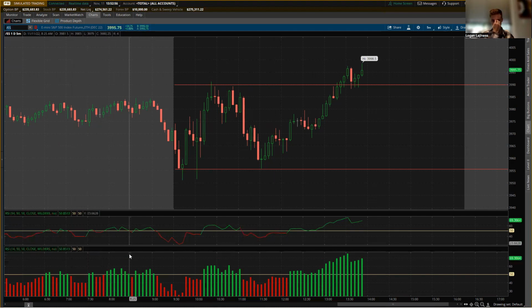Okay, so once you've figured out roughly what the value is and what you can expect in terms of movement, for me, my next step is always going to be looking at the macro trend first.